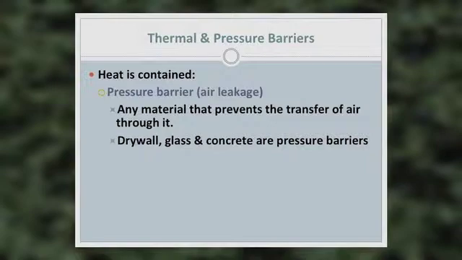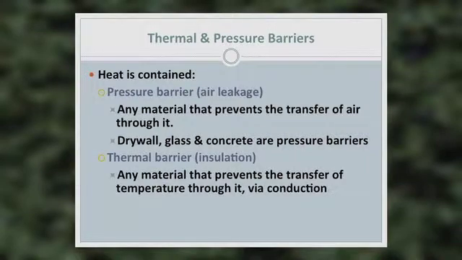All of these things constitute a pressure barrier. When it comes to a thermal barrier, it's any material that prevents the transfer of temperature through it, like insulation, or what we call thermal mass, which is a heavy, really thick, solid wall of concrete or brick or rock.